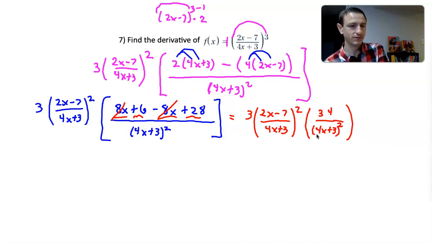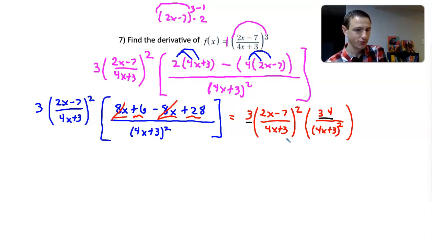So right now, we are not done. Some fancy stuff is going to happen, so pay attention. I'm going to do 3 times 34. I'm also going to change this to (2x minus 7) squared over (4x plus 3) squared.